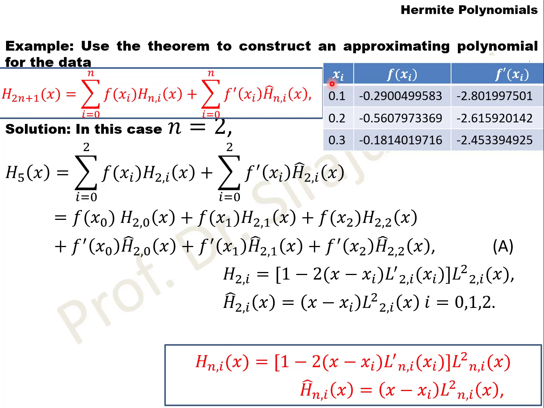It depends upon the number of points which you have. Again, if you look at this formula, these L2,i are Lagrange coefficients, and L2,i prime are the derivatives of these coefficients. So let us find out the missing values.